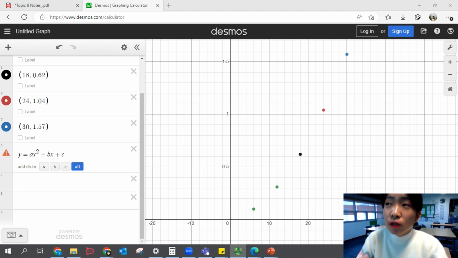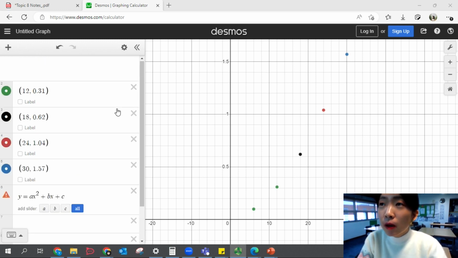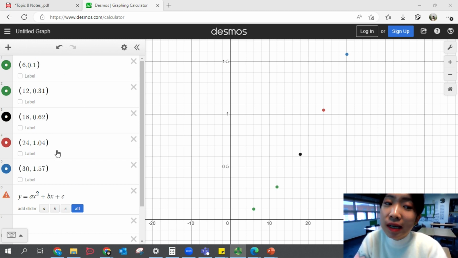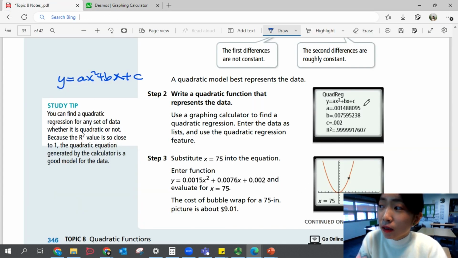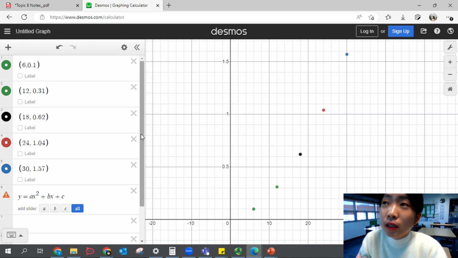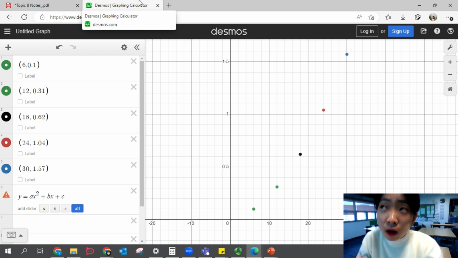Okay, if you use Desmos, you can first plug in all the points in your data set. It is best if you have a physical graphing calculator like this, okay? But if you don't have one, it will be easier with a graphing calculator, but you can still go to the online graphing calculator and plug in all these points.